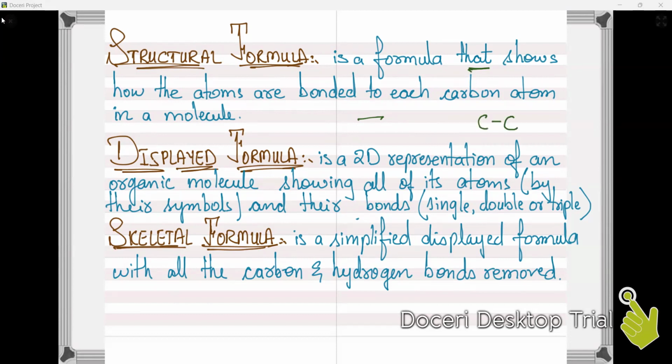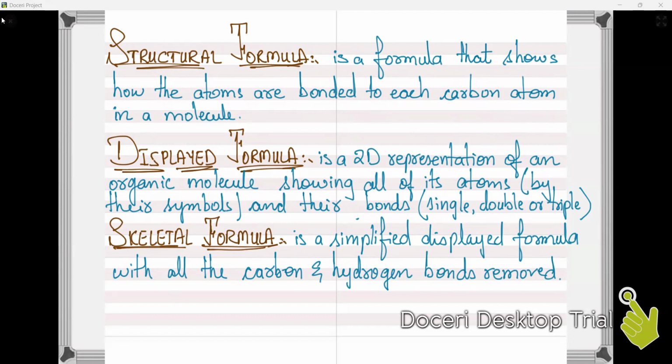I'm attaching two carbons with an oxygen, then a hydrogen is attached to it, and then there are hydrogens, and hydrogens, and hydrogens. So here I have connected all of this. Now this kind of formula, where we are connecting the carbons, hydrogens and oxygens to each other, giving a clear picture of which one is attached to what, is what we call the structural formula.